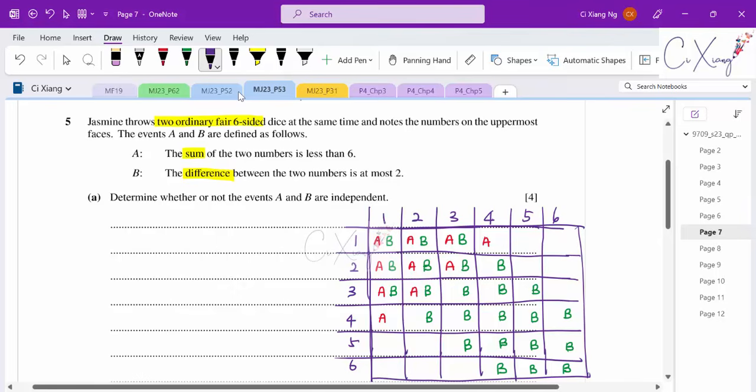It helps us visualize the probability. Now since they want us to test whether A and B are independent or not, just to recall, if the probability of A multiplied with B equals A intersect B, then they will be independent.